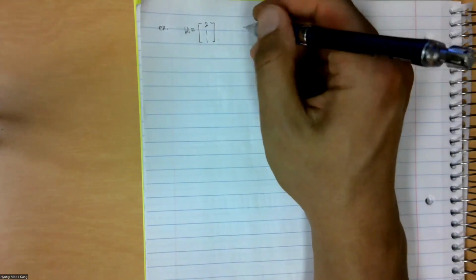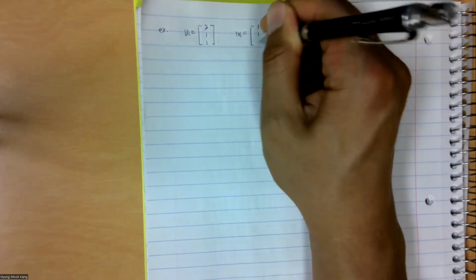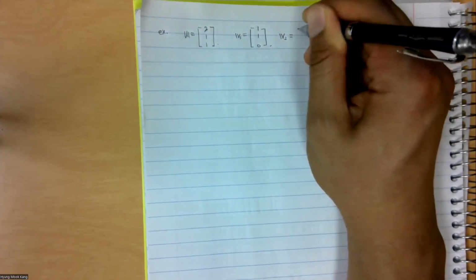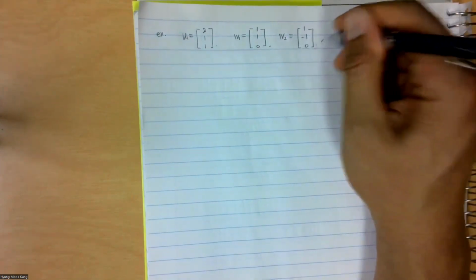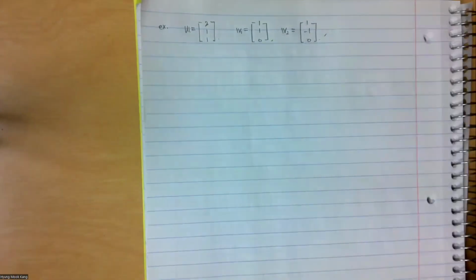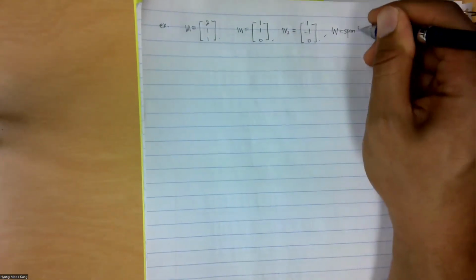Let's say v1 equals (1, 1, 0), v2 equals (1, -1, 0), and our subspace in R3 should be W equals span of v1, v2.